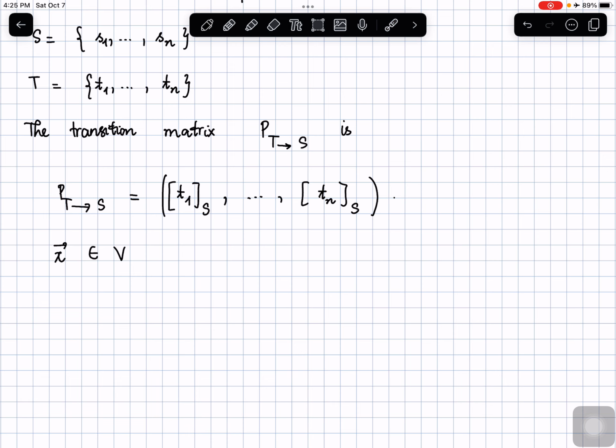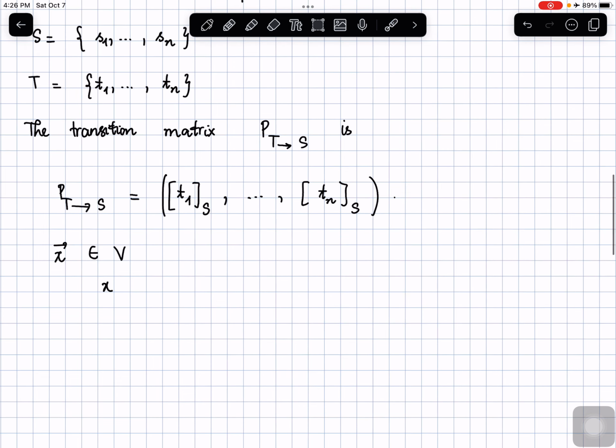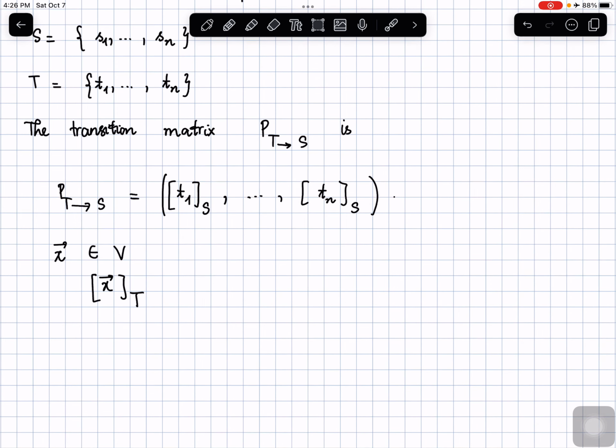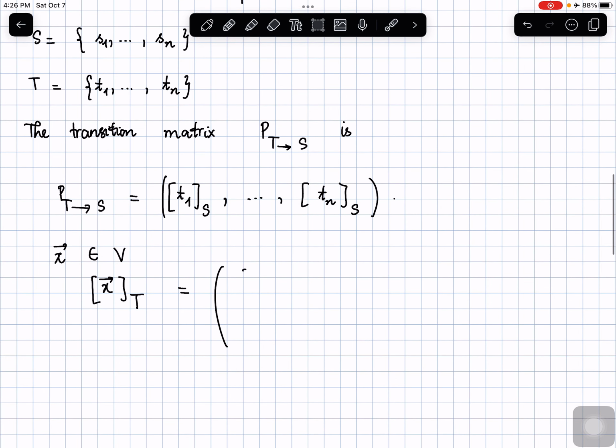So okay, now we know the coordinate of x with respect to the basis T, say x1t, x2t to xnt. I write x1t because this is with respect to T, up to xnt.